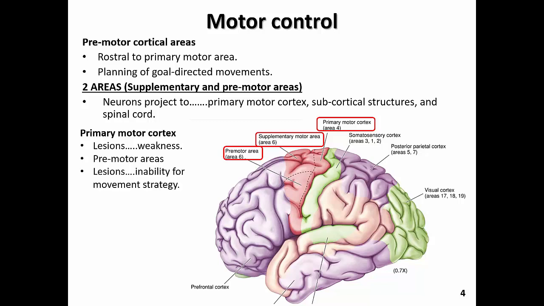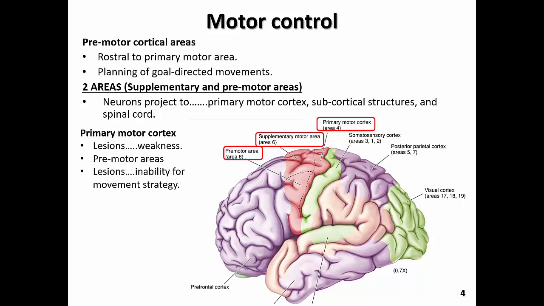In terms of the premotor area lesions, those will affect the inability for designing a movement strategy. So a premotor area weakness will oftentimes be characterized by inaccurate and inefficient movements.